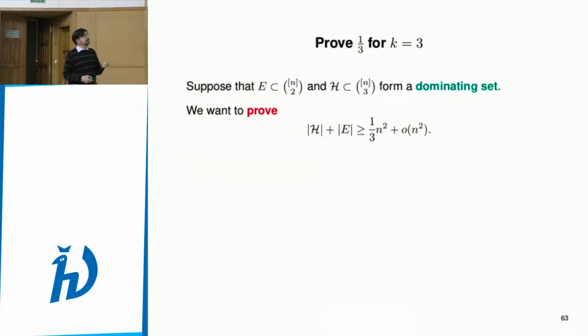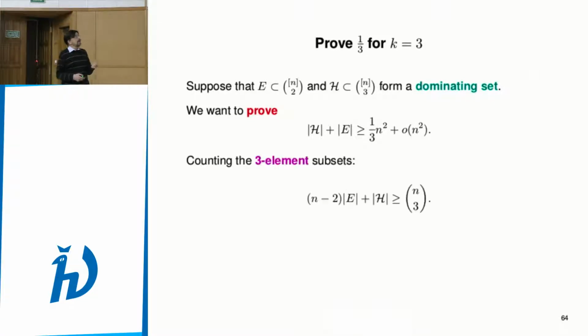And so this is what we want to prove: that if a set of edges and a set of 3-element subsets altogether form a dominating set, then the sum of the sizes is at least 1 over 3 times n squared. Now some elementary inequalities.